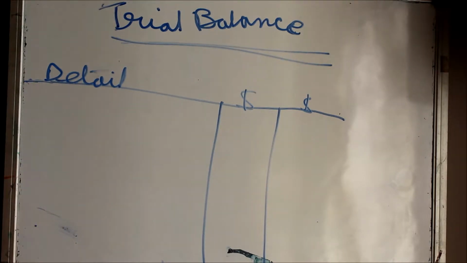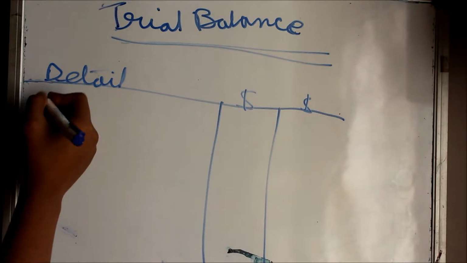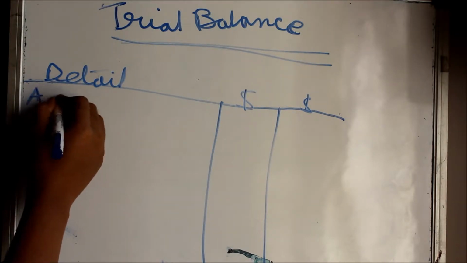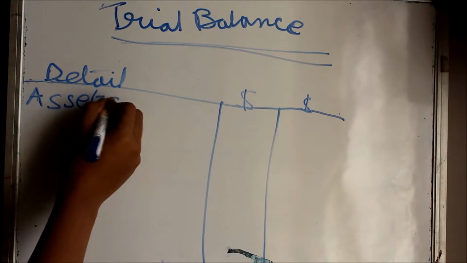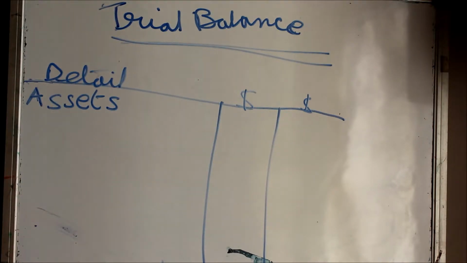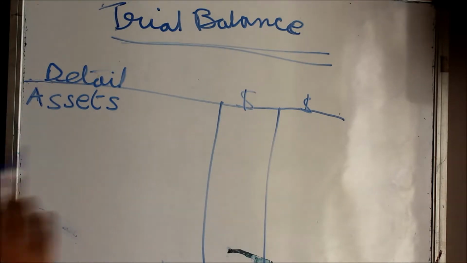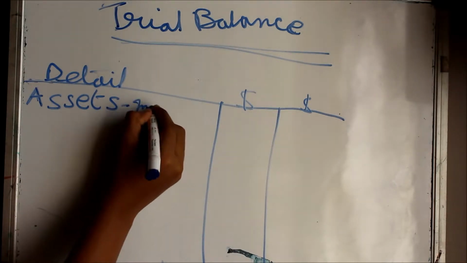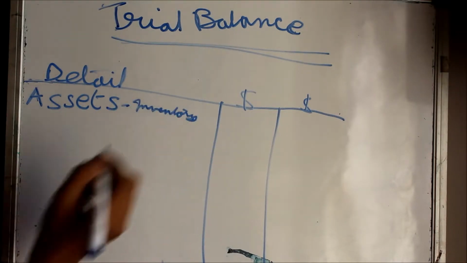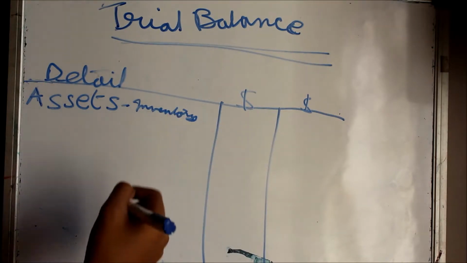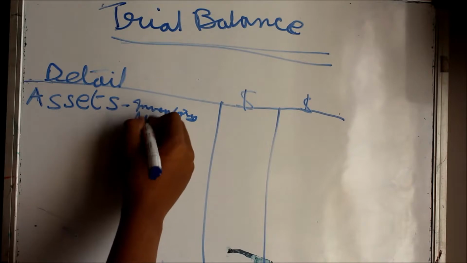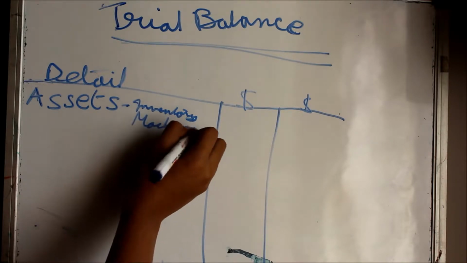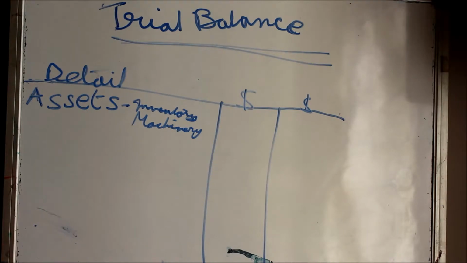Now in the trial balance, the first thing that I'm going to tell you about is assets. Assets include both non-current and current assets. An example of an asset could be inventory, or the non-current asset, machinery. Over here, non-current assets and current assets are not treated differently.